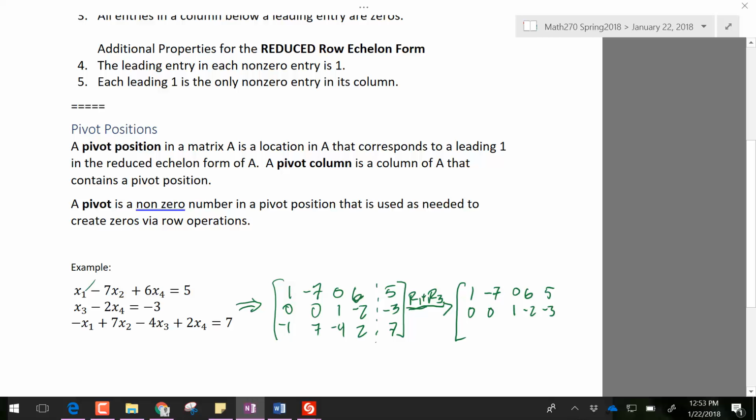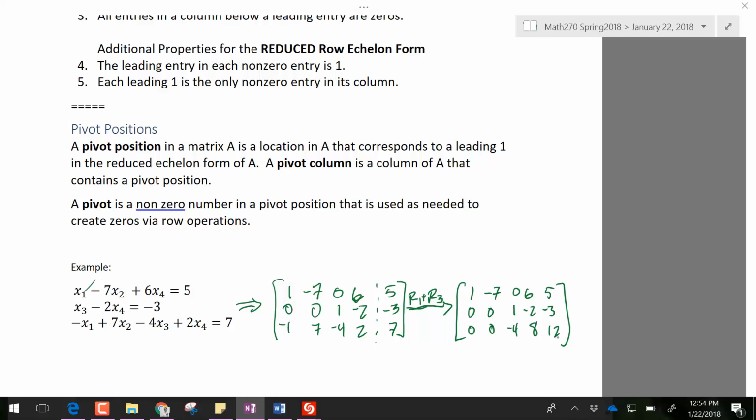So 1 minus 1 is 0, -7 plus 7 is 0, 0 plus negative 4, 6 plus 2, and 5 plus 7. So we've managed to get rid of a couple of entries in the bottom row.